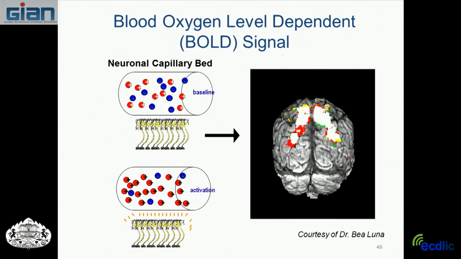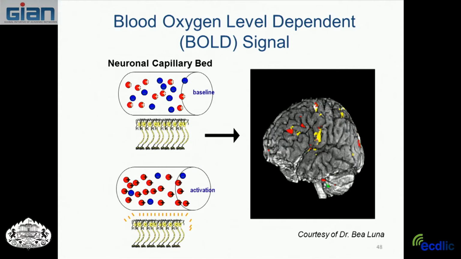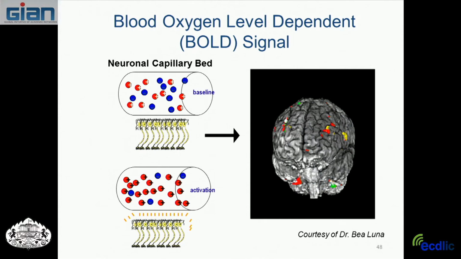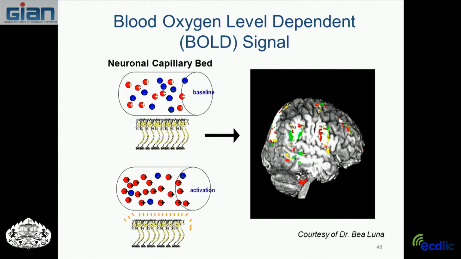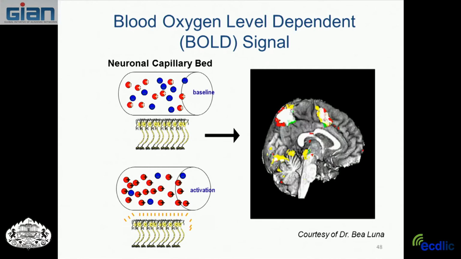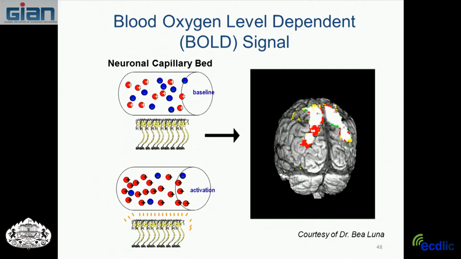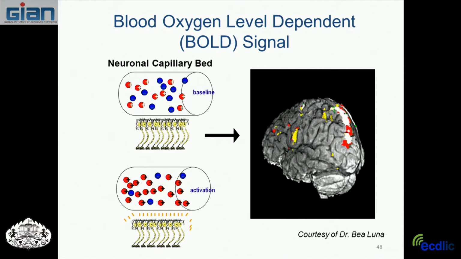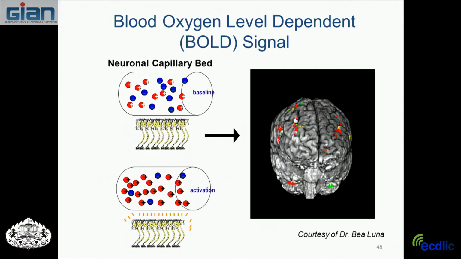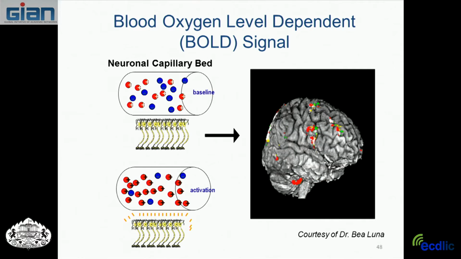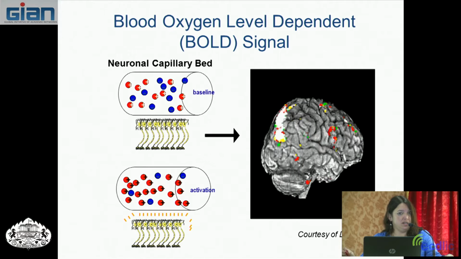So if you remember, the basic concept of the BOLD is that when a tissue is at rest or at baseline, we have the blood coming through and some of the blood is oxygenated and some is not oxygenated. This means that the hemoglobin molecules within the red blood cells are carrying iron to the tissue, and it's these local changes in the levels of oxygenated versus deoxygenated blood.